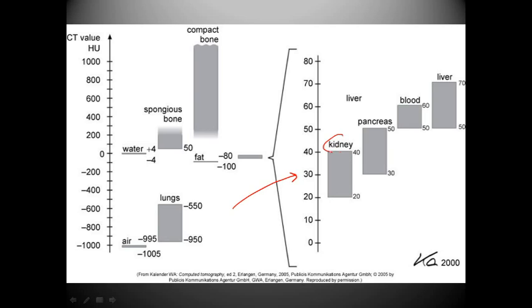Your kidney is around 20 to 40. Your pancreas is going to be 30 to 50. Blood's going to be about 50 to 60. Liver is going to be about 50 to 70. Liver is going to be somewhere around where the pancreas is. Liver is up here.